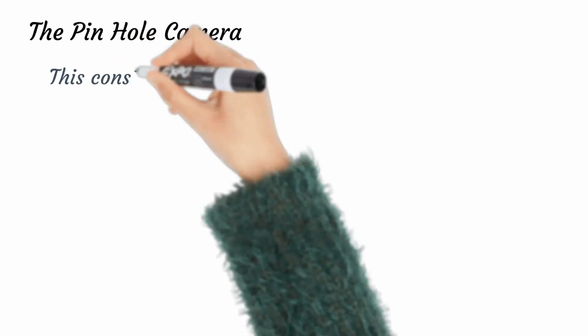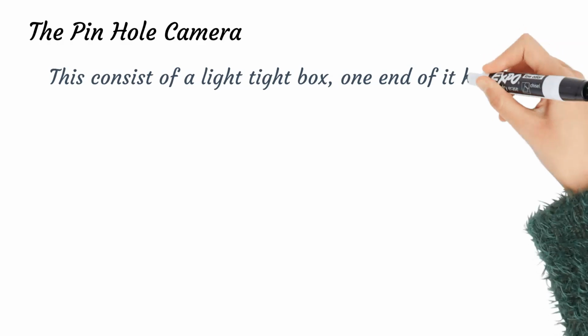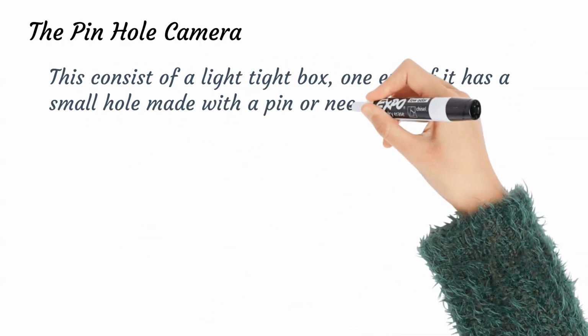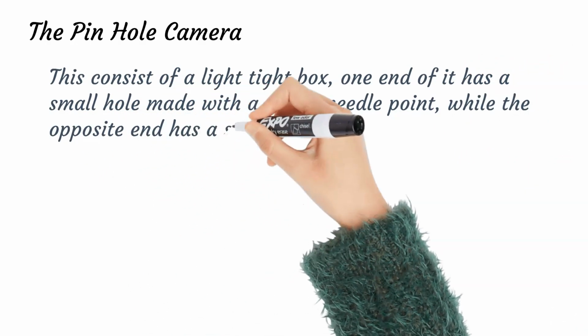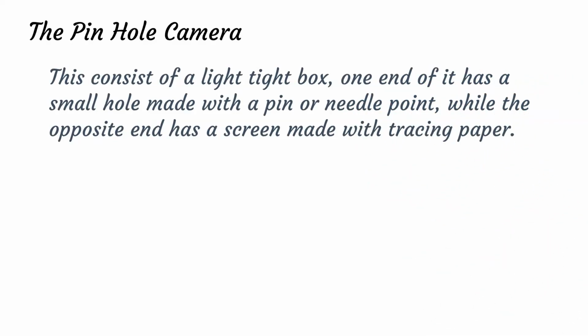Next, the pinhole camera. This consists of a light-tight box. One end of it has a small hole made with a pinhole or needle point, while the opposite end has a screen. It's not like the ray box where there is a lamp, okay? The screen is made with tracing paper.